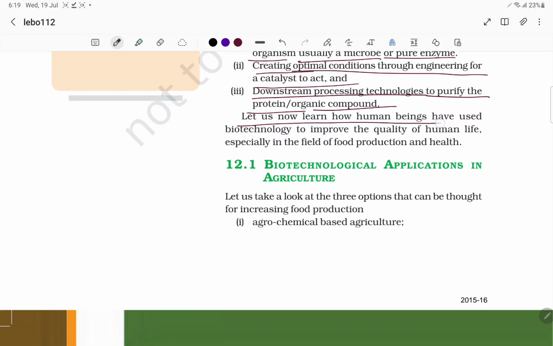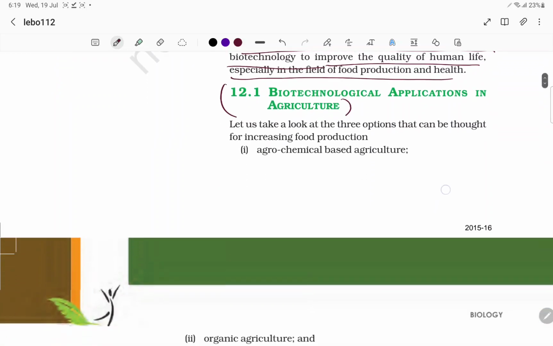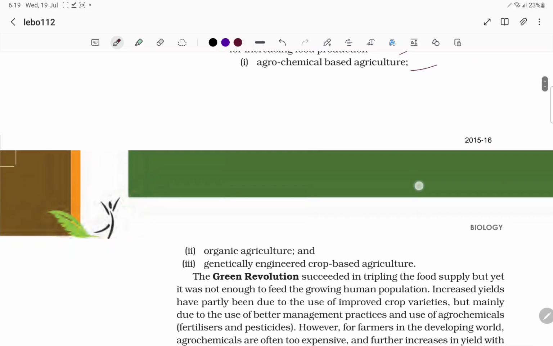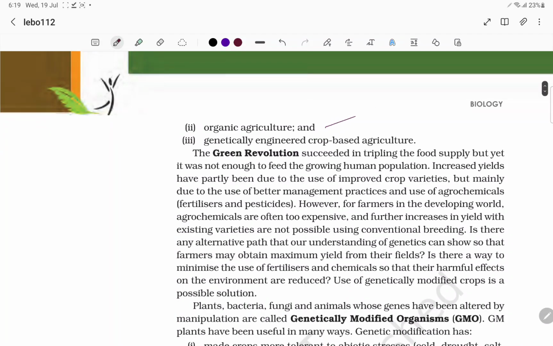Let us now learn how human beings use biotechnology to improve the quality of human life, especially in the field of food production and health. So, biotechnology application in agriculture. Let us take a look at three options that can be thought of for increasing food production: agrochemical based agriculture, organic agriculture, and genetically engineered crop based agriculture.